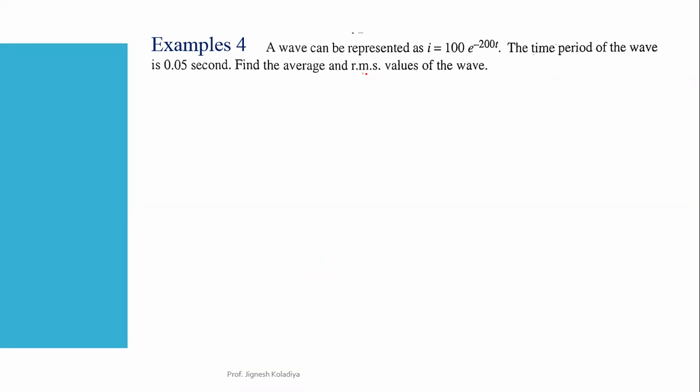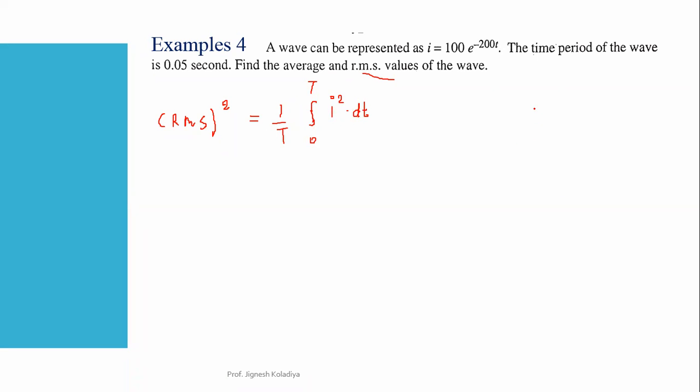Then second, we have to find the RMS value. I hope now you all can calculate it. I am writing the equation of RMS value. First of all, I am taking the square so that up to the end you do not have to write the terms inside the square root. It is 1 upon T integration 0 to T of i square into dt.